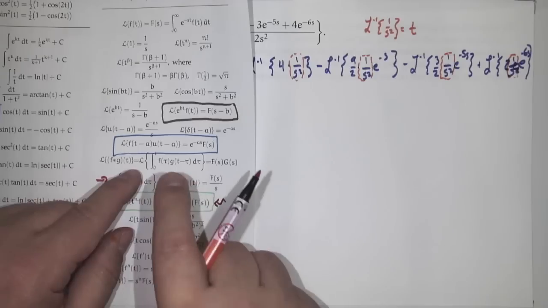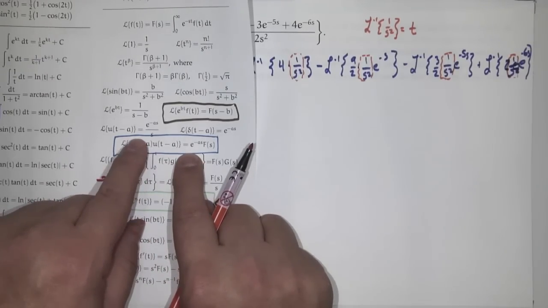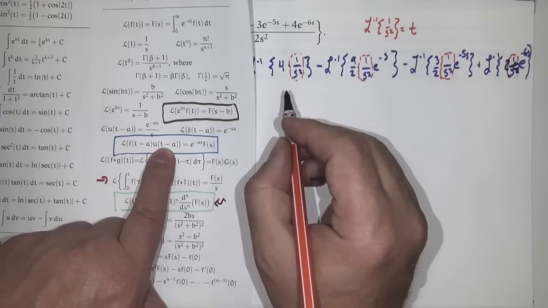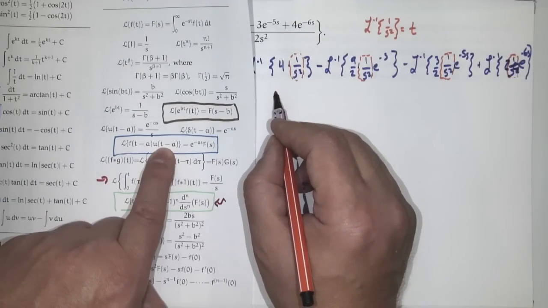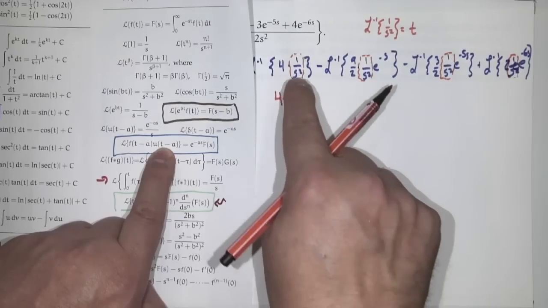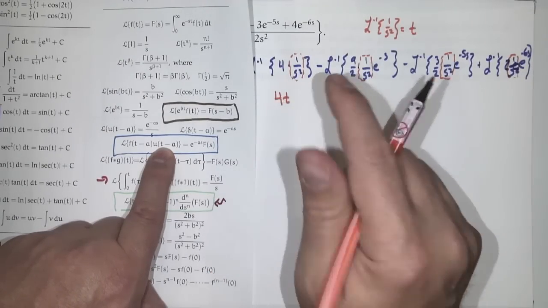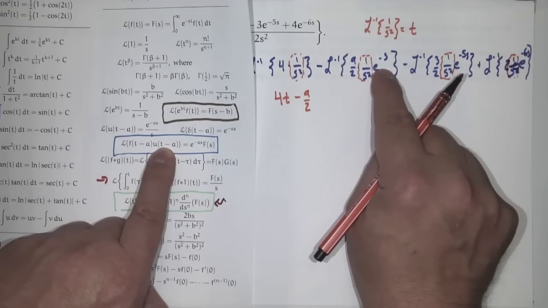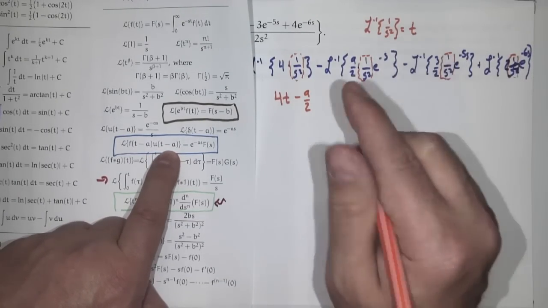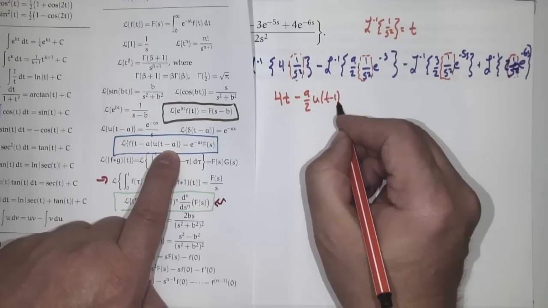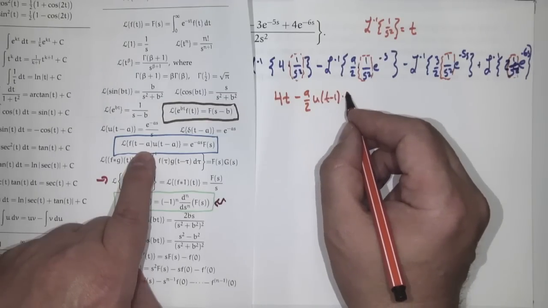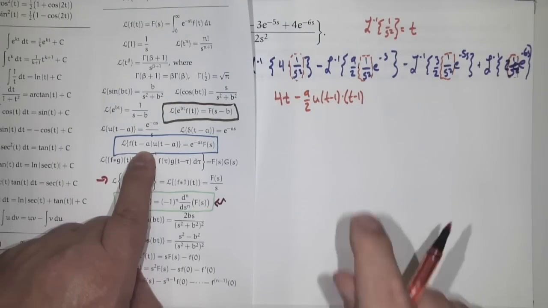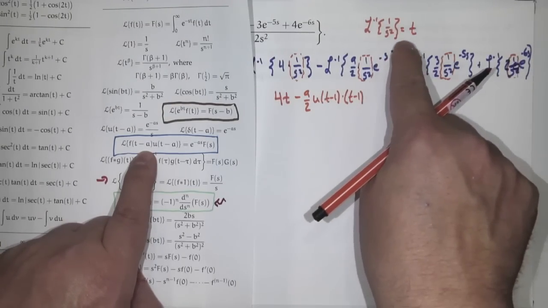So what are we going to have? Well, our f of t minus a is t minus a. And then we just have to know where to switch things on and off. Initially, we have 4t, just this inverse Laplace here. Then minus the 9/2. We switch at 1, so we're going to have a u of t minus 1, and we multiply that by t minus 1, because that's our f of t minus a.